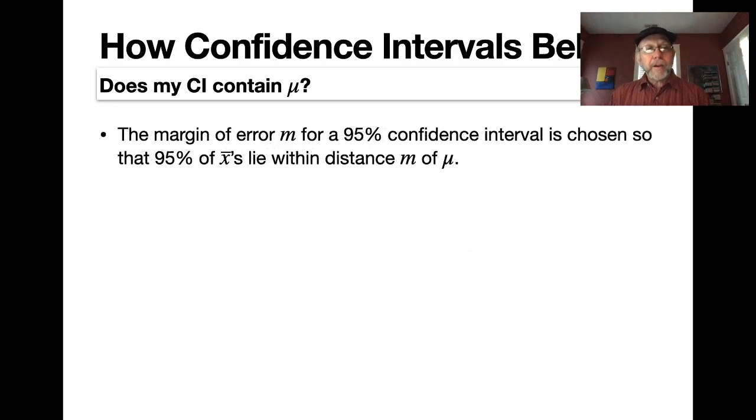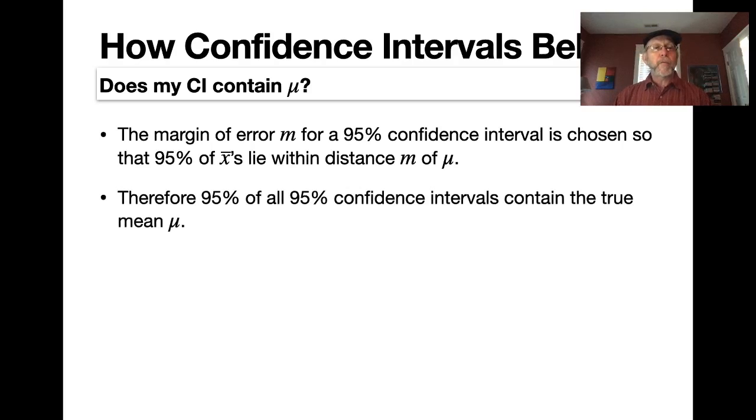The margin of error for both Jack and Jill was chosen precisely so that 95% of all x bars lie within distance m, the margin of error, of the true mean. And therefore 95% of all 95% confidence intervals contain the true mean mu.